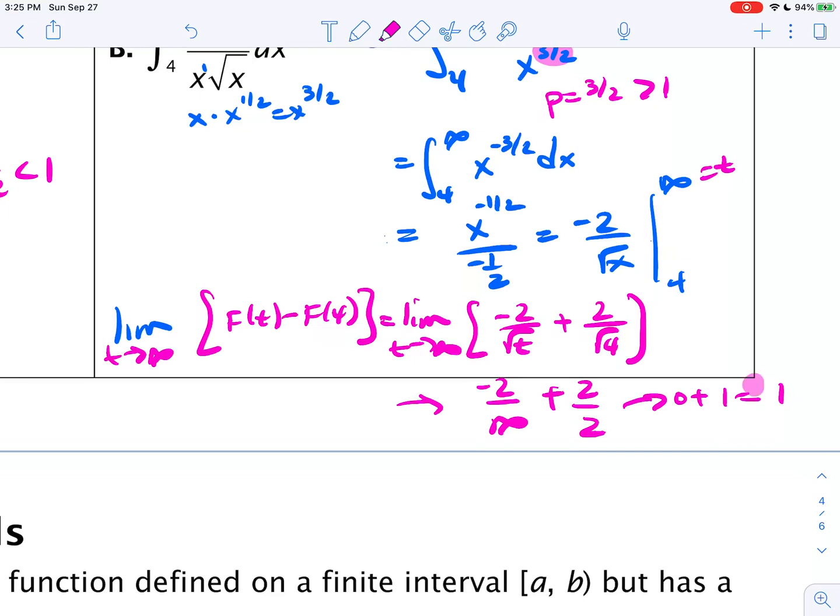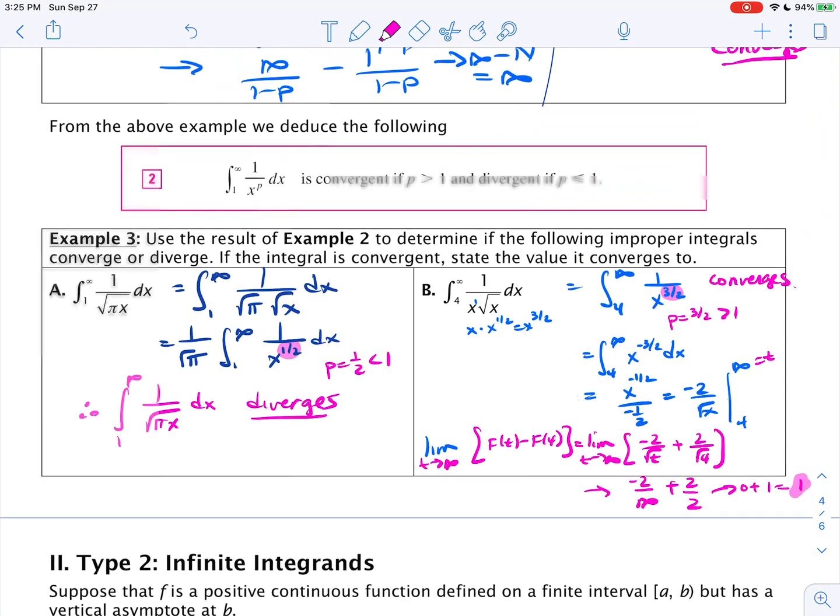And so we do have that this integral converges to 1.